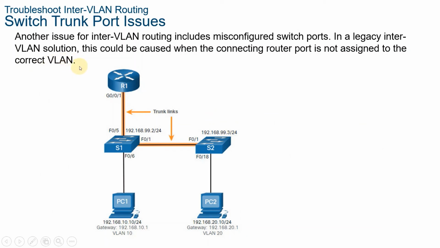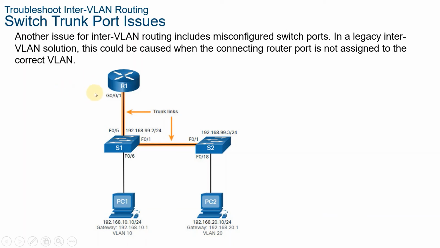Switch trunk port issues. Another issue for inter-VLAN routing includes misconfigured switch ports. In a legacy inter-VLAN solution, this could be caused when a connecting router port is not assigned to the correct VLAN. However, with a router-on-a-stick solution, the most common cause is a misconfigured trunk port.